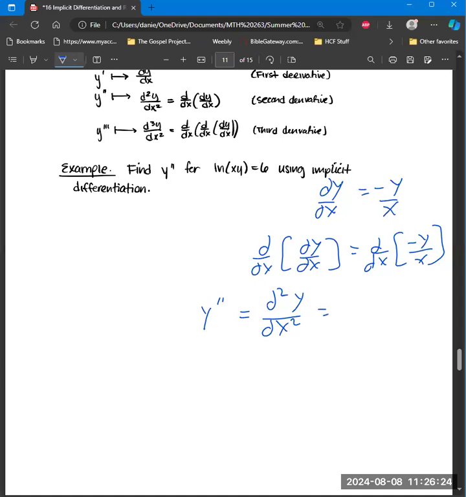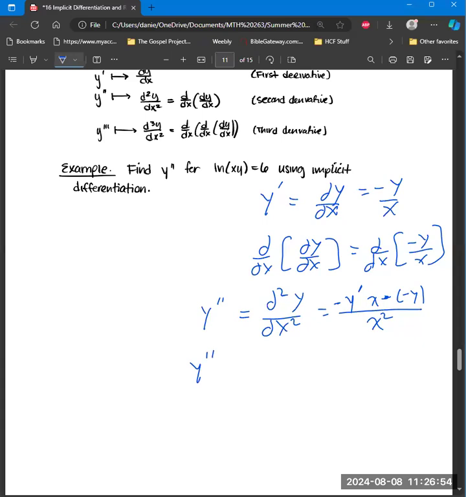And that's going to be using the quotient rule, derivative of the top times the bottom minus derivative of the bottom times the top all over the bottom squared.